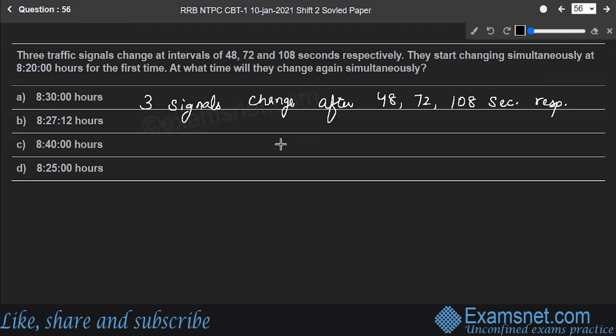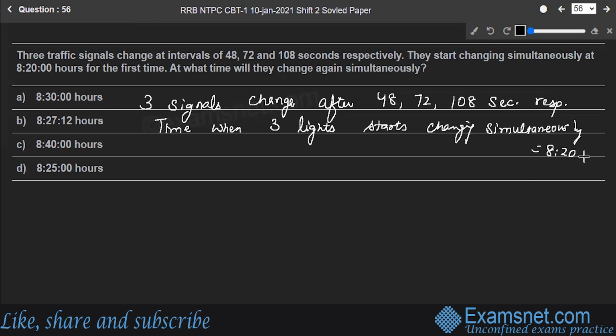Time when 3 lights started changing simultaneously, (8:20).